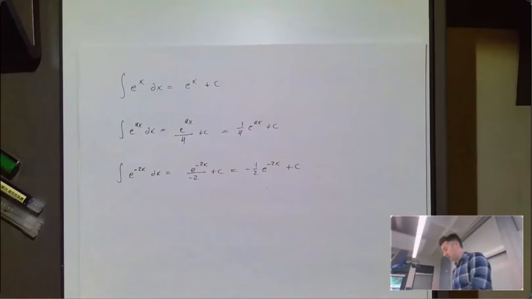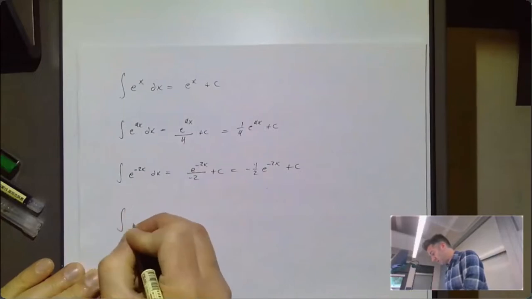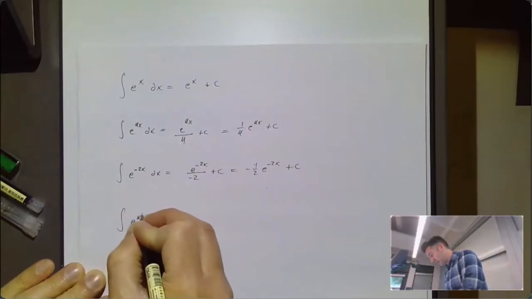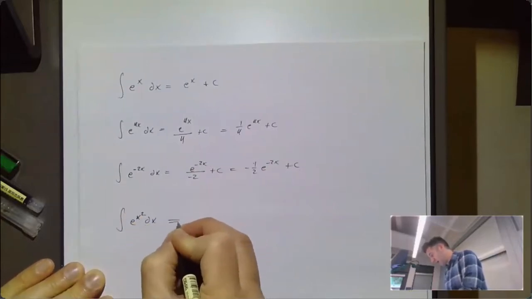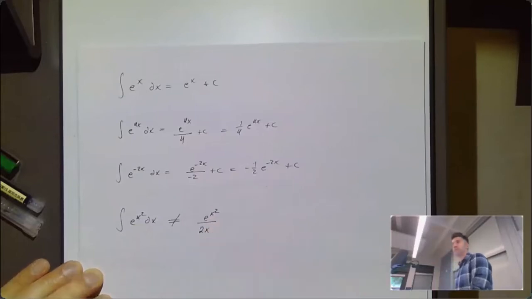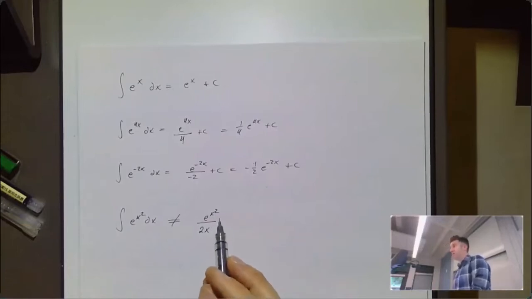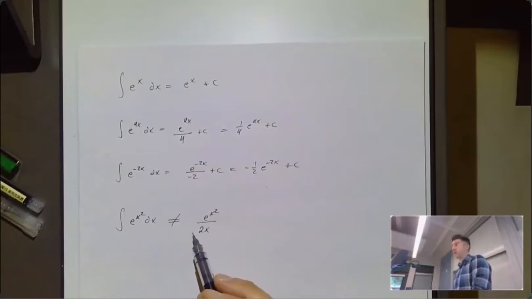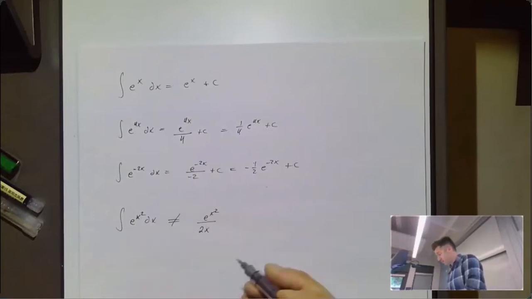As a counter example, the integral of e to the x squared is definitely not e to the x squared divided by 2x. Right? It's not just your stuff divided by the derivative of your stuff. Because if you took the derivative of this, you'd have to use the quotient rule, and it's definitely not going to be that.